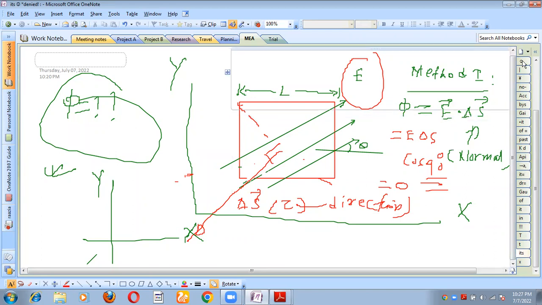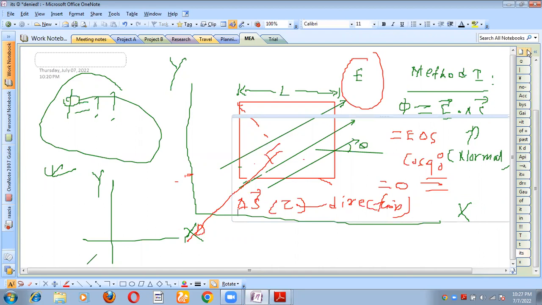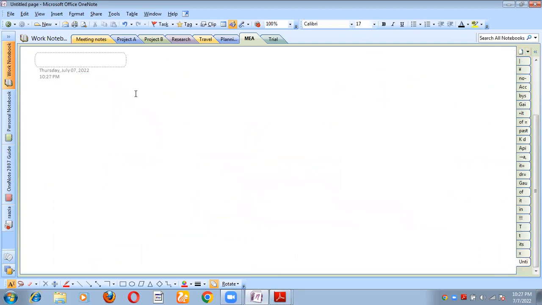I am giving you the second method to solve this question, very quickly. Method 2: apply Gauss law.